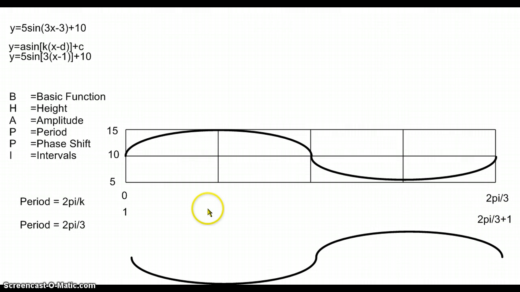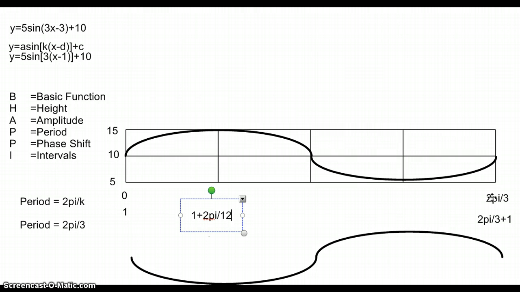So the intervals that will be here will be 1 plus 2 pi over 12, and remember the 2 pi over 12 was the result of the division of the whole period by 4 intervals.